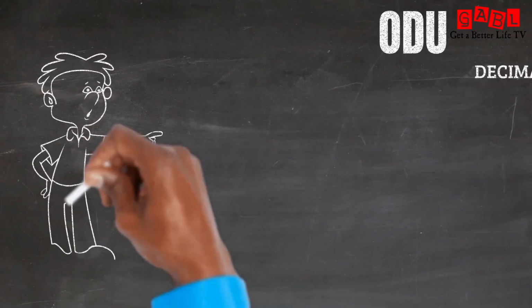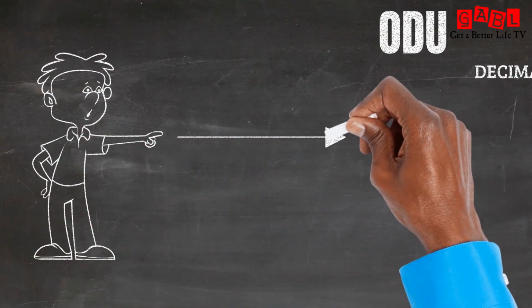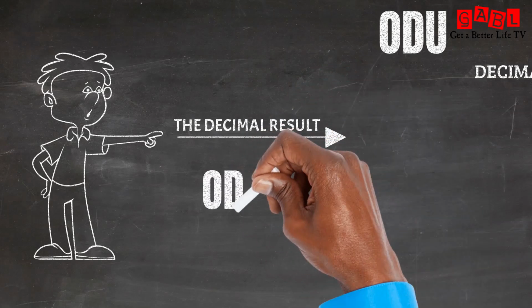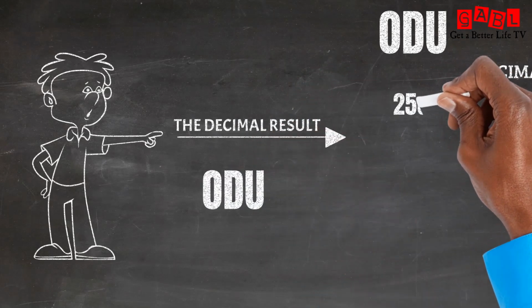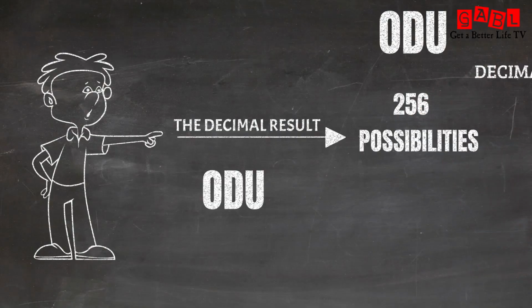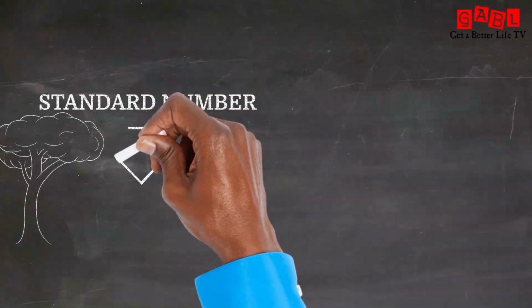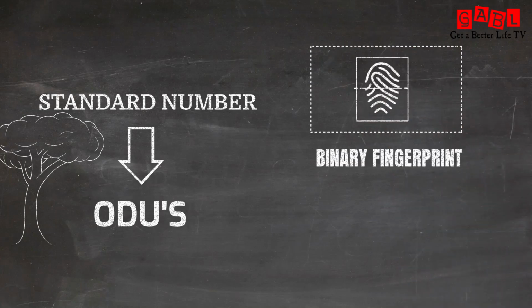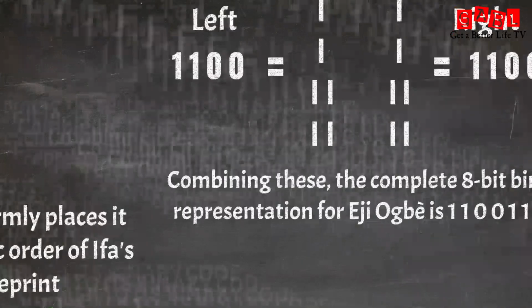So, in short, the decimal result for each Odu is its unique numerical identifier within the complete set of 256 possibilities. It is a standard number that corresponds precisely to the Odu's specific binary fingerprint.